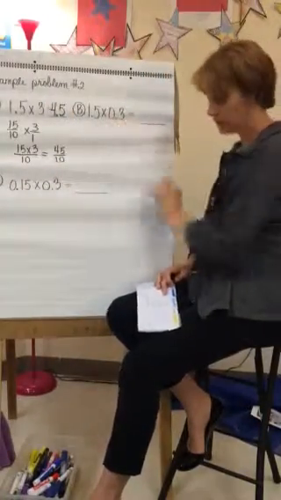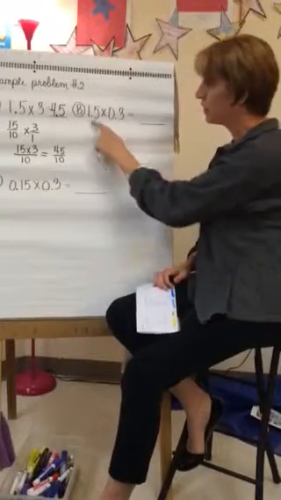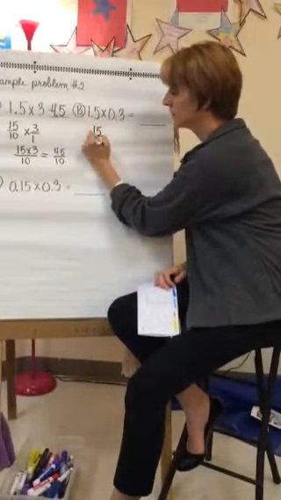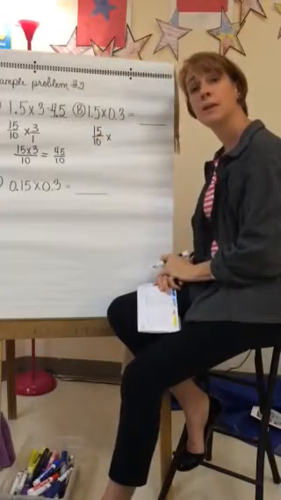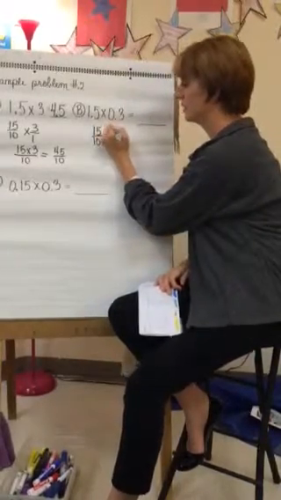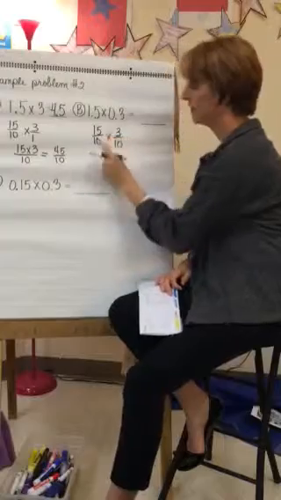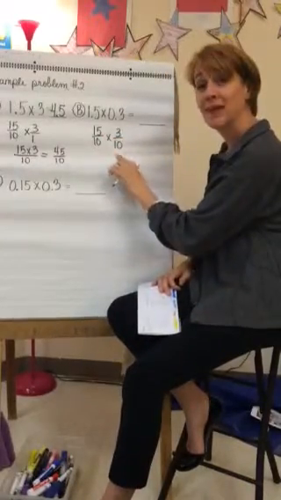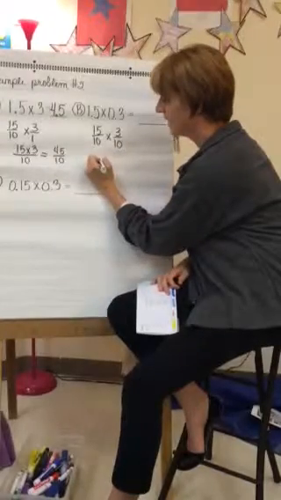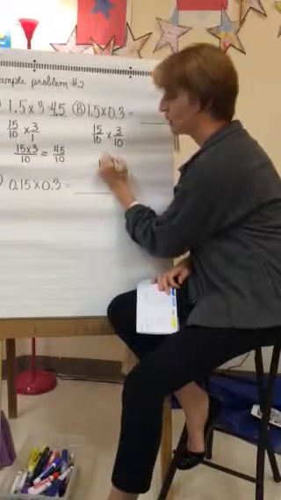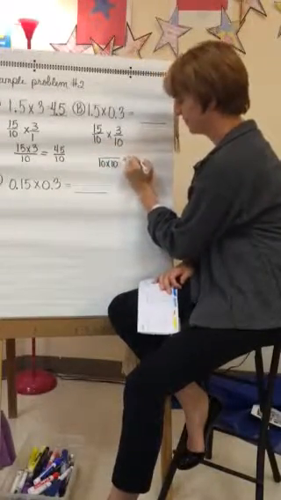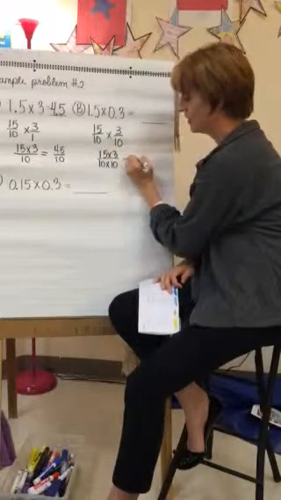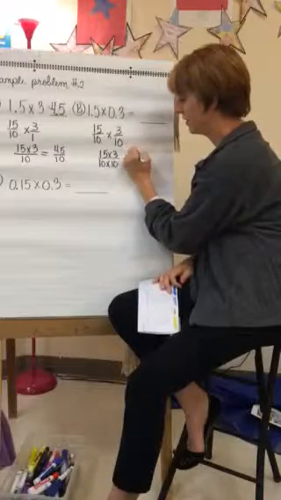My second sample, I would do the same thing. I would rewrite 1.5 as 15 tenths, multiplying it by 3 tenths. And I would then do the same thing, multiplying my denominators, 10 times 10 equals 100, and 15 times 3 equaling 45.